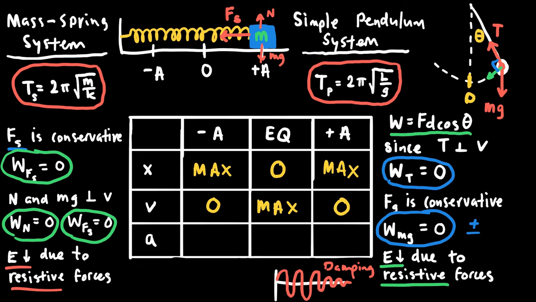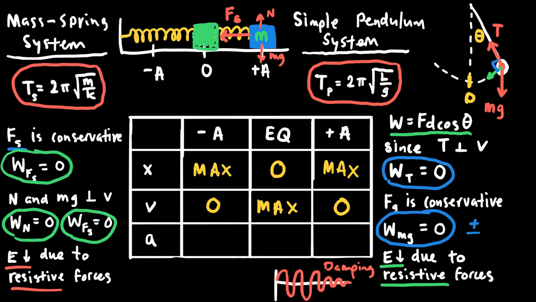As the object moves through the equilibrium position, so let's take a look at the mass spring system. As it gets right here, and it's at its equilibrium position, the object momentarily has a net force of 0 on it. And this is true because I want you to appreciate that if the spring was never stretched or compressed, that box would be sitting at the equilibrium position, and the spring would not be exerting a force on that box.